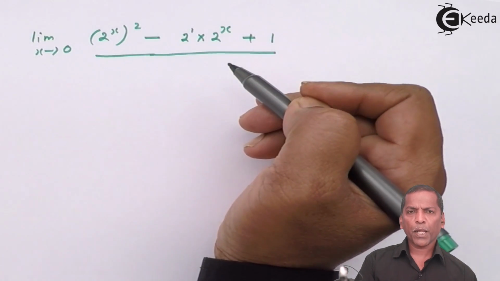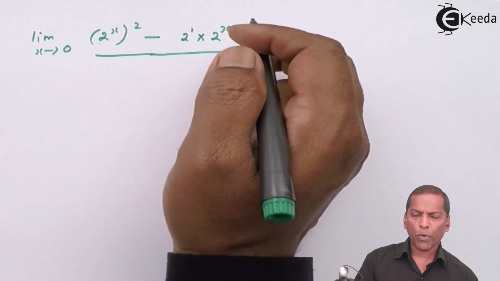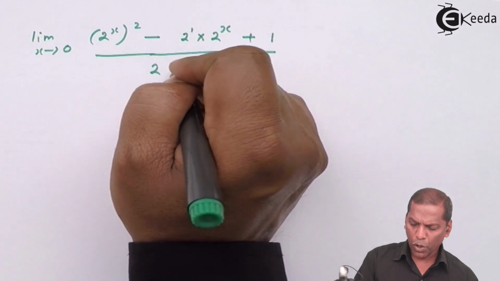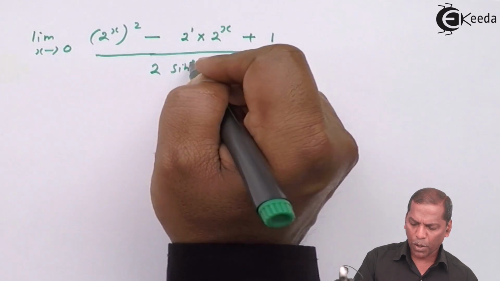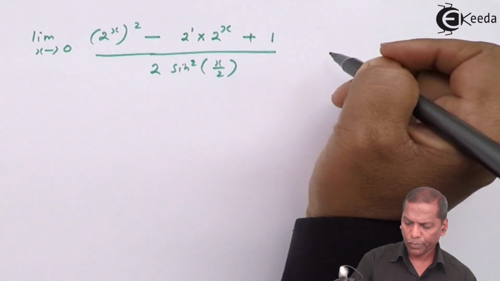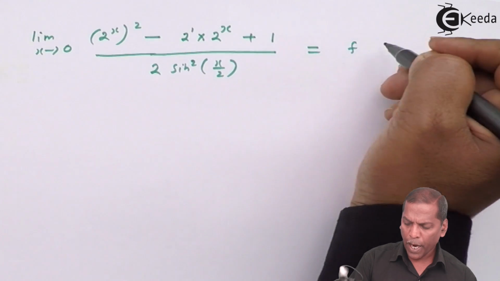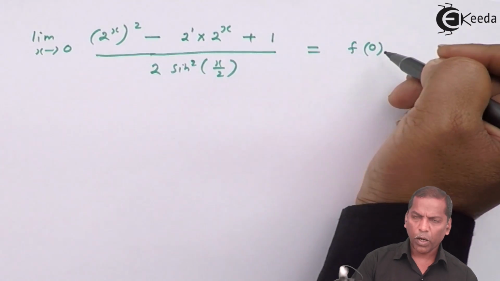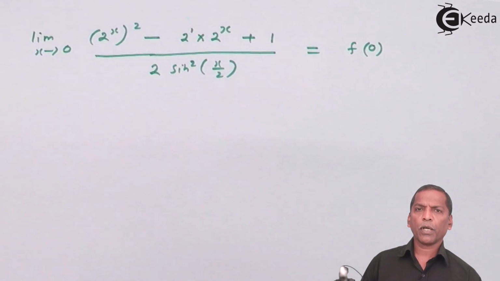Now for 1 minus cos x we use the trigonometric formula and that gives us 2 sin square (x by 2), and that equals, finally, f of 0, which is our question.